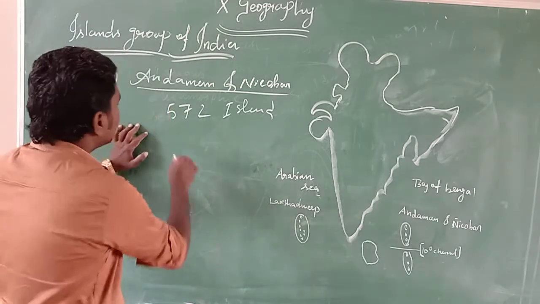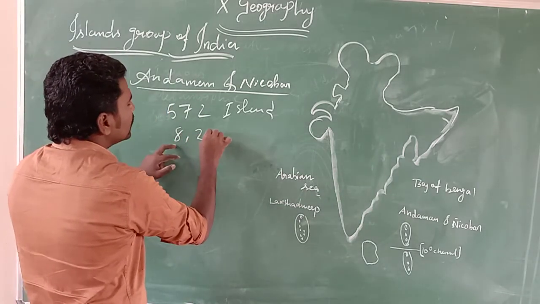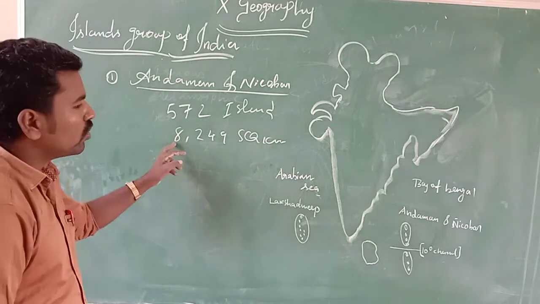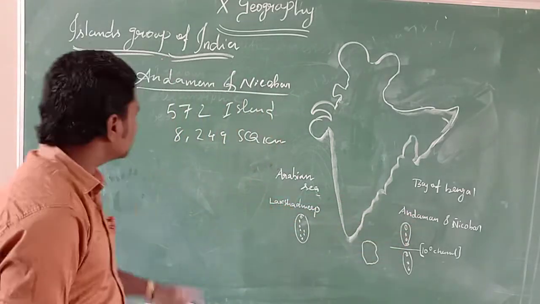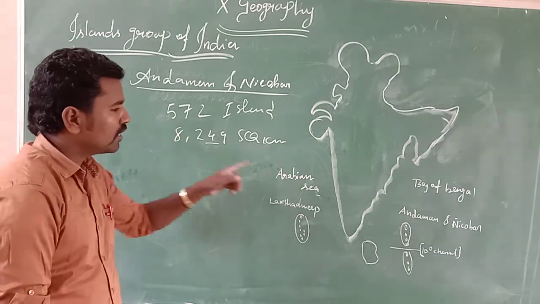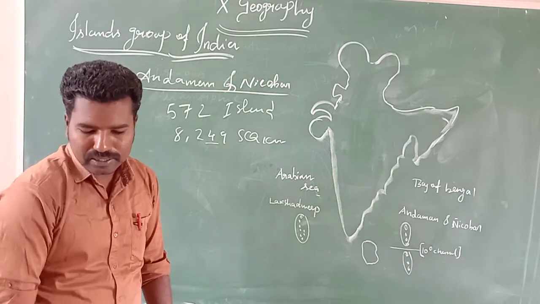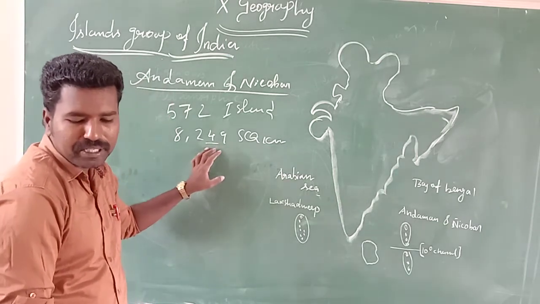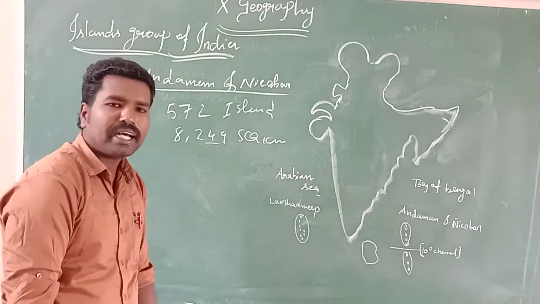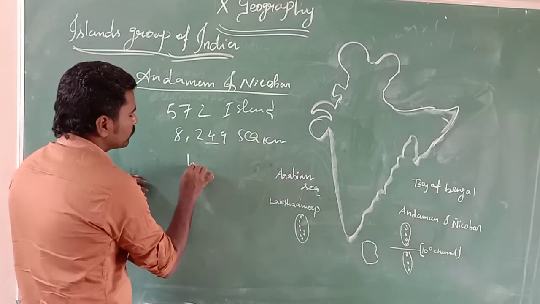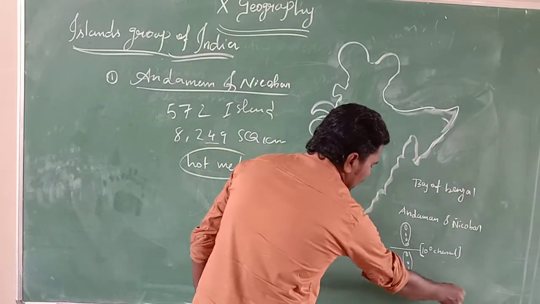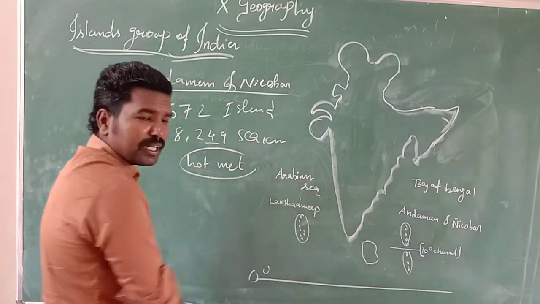It occupies an area of about 8,249 square kilometers. How many square kilometers are occupied by the Andaman Nicobar Islands? 8,249 square kilometers of area are occupied by these islands. And not only that, the climate of the Andaman Nicobar Islands is both hot and wet, because the islands are situated very close to the equator.